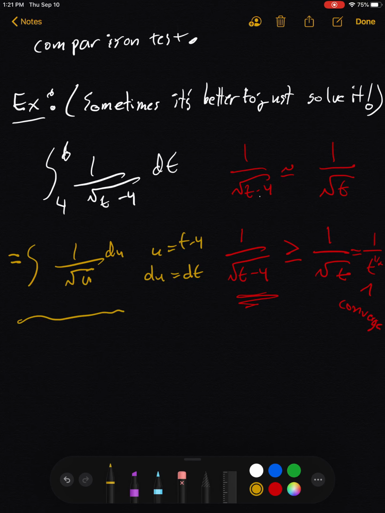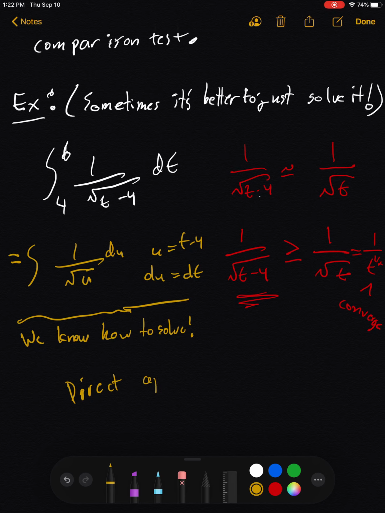And then you could actually solve this just using regular integration and find the answer directly. So here's an example where the direct approach is better than the comparison test.